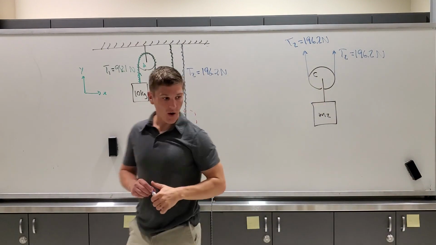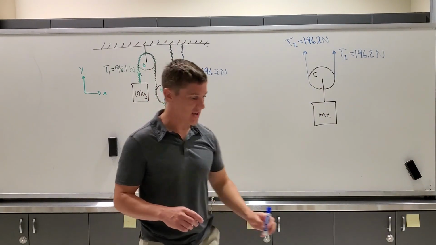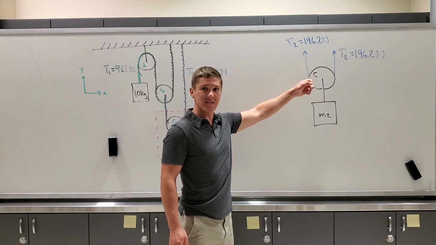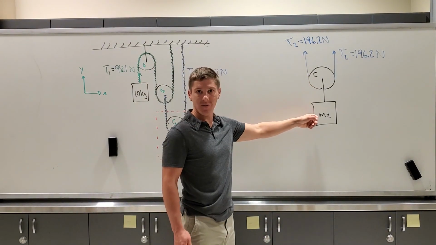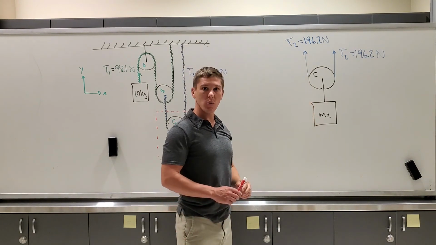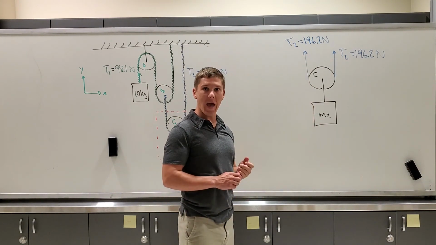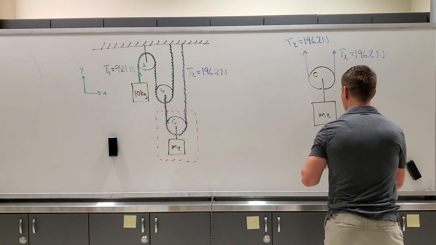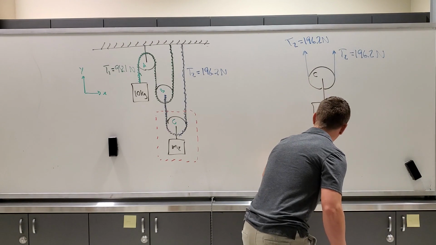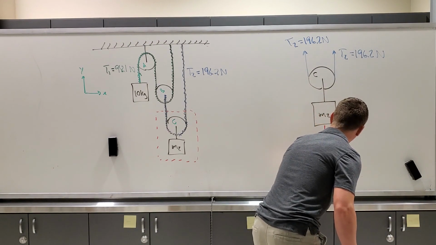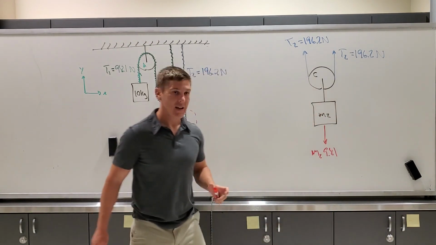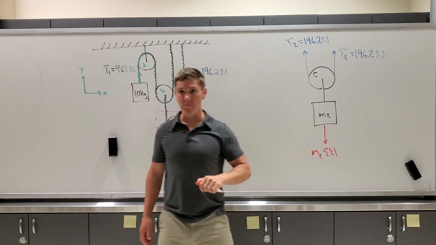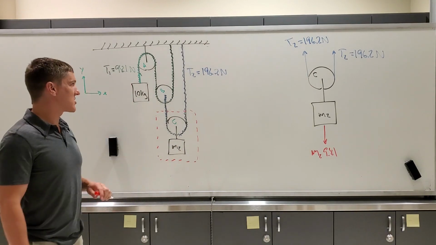So we have 2 of that tension 2 acting on pulley C. Now, once again, we are assuming that pulley C is massless, or that its mass is negligible when compared to the mass of M2. The last thing we have is the weight of M2 acting on the system, which is M2 times 9.81 meters per second squared. That gives me the weight of mass 2.